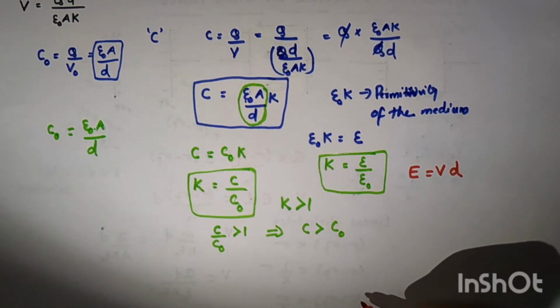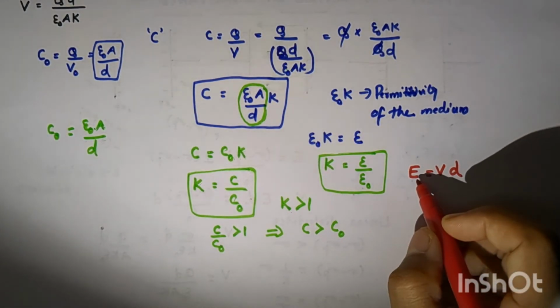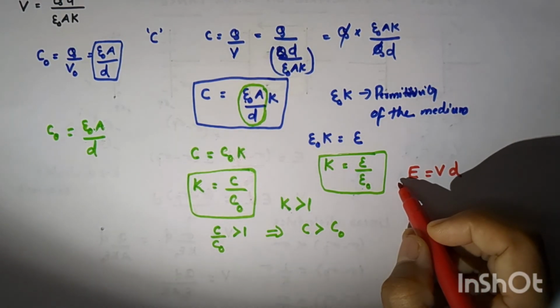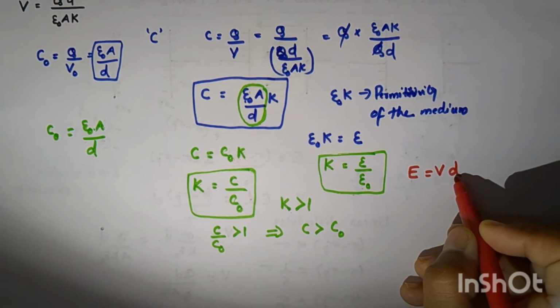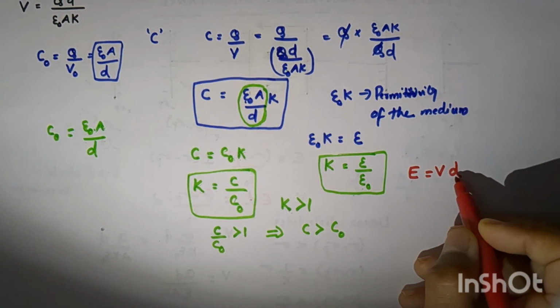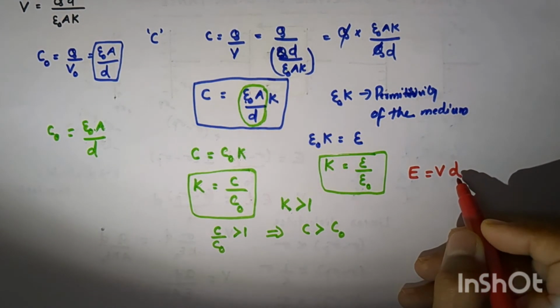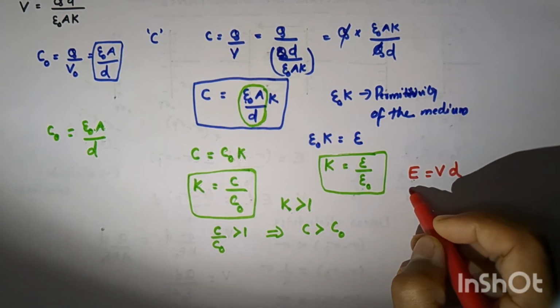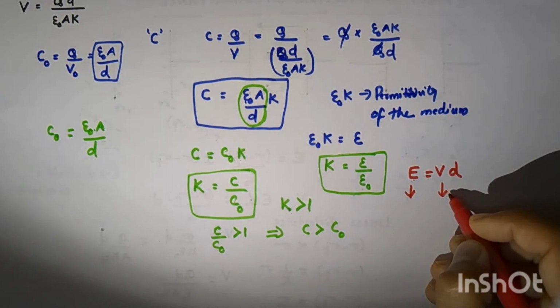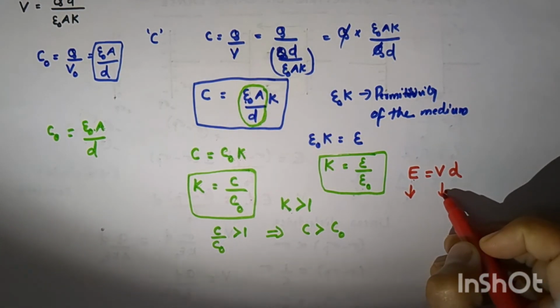When there is a dielectric present, the electric field strength is reduced. D is a constant, the distance between the two plates. So when electric field strength is decreasing, V also must have reduced.